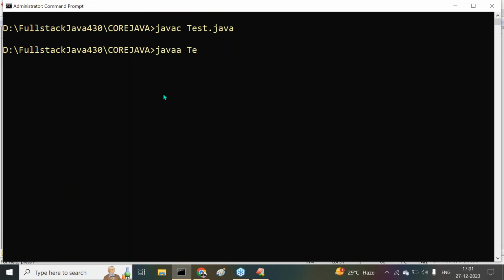Then java Test. Now we are getting the output 10. 10 is the output we are getting here.